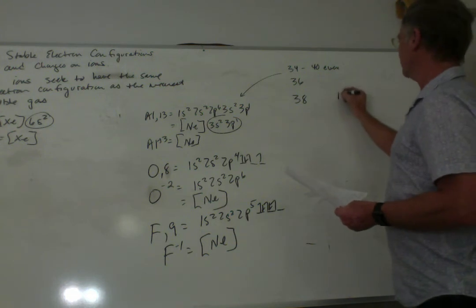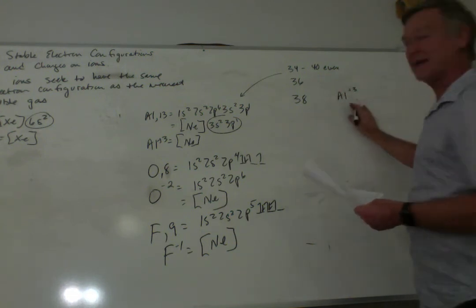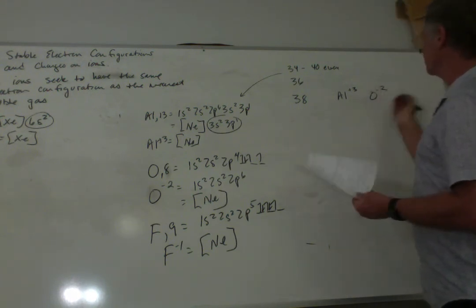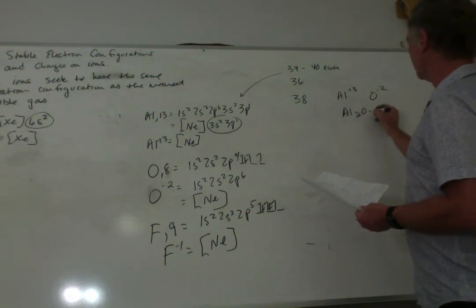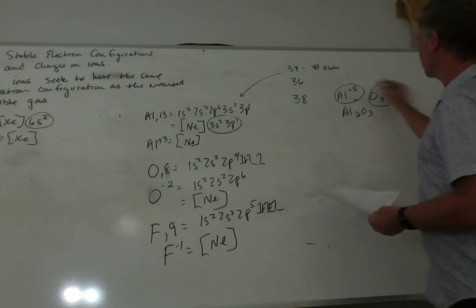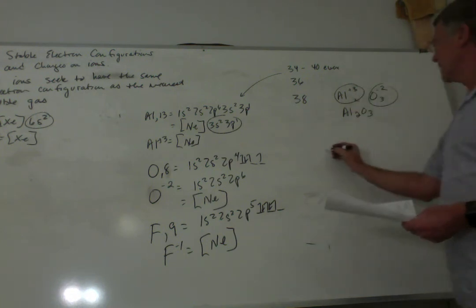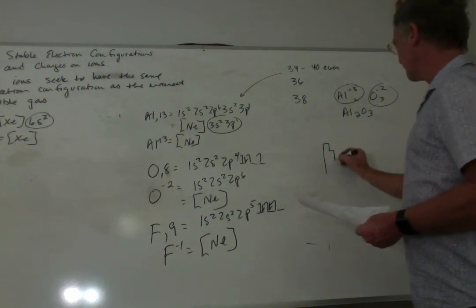So they'll say, we've got aluminum, and it has a +3 charge, and you can figure that out by where it is on the periodic table. And oxygen has a -2. What compound is formed? Well, you guys know how to do this from before. We would need to have a +6 and a -6. You say, well, how do I know it's a +3 just by looking at it? I should have had my periodic table up, but your periodic table looks like this.